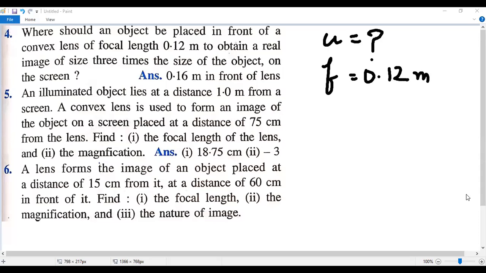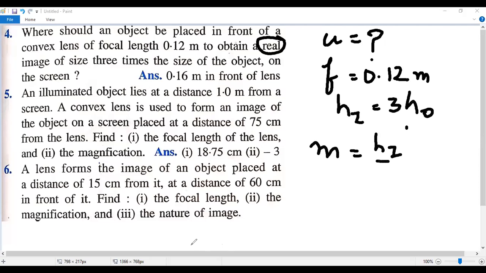Since it is a convex lens, take focal length as positive, to obtain a real image of size 3 times the size of the object. So height of image is thrice the height of object. So students, magnification is hi divided by ho. Put hi as 3ho divided by ho.